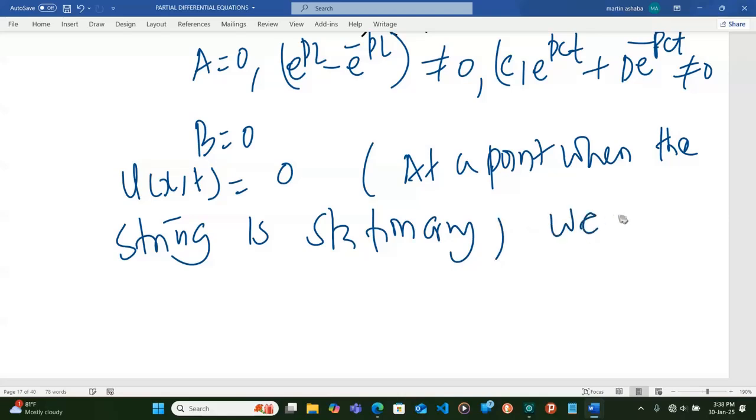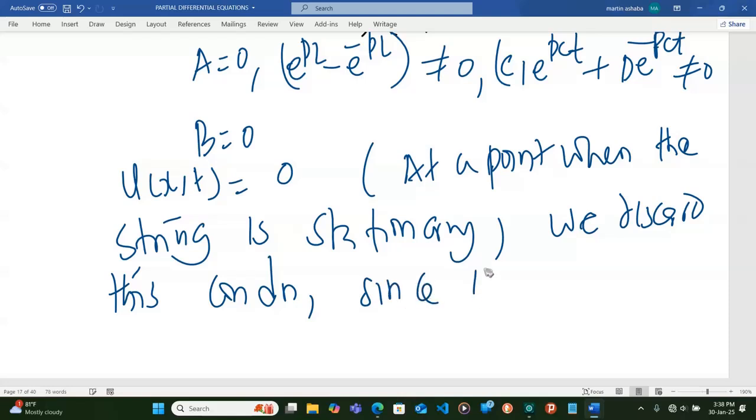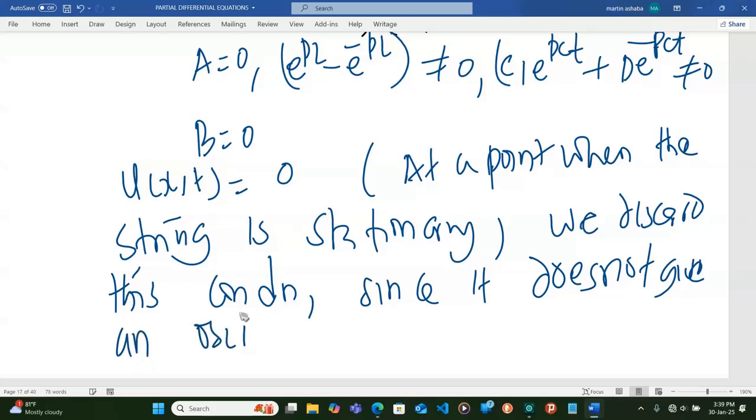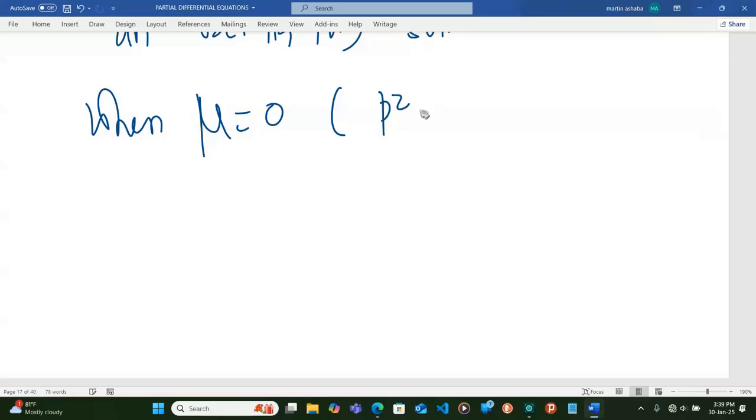So we discard this condition since it does not give an oscillatory solution.